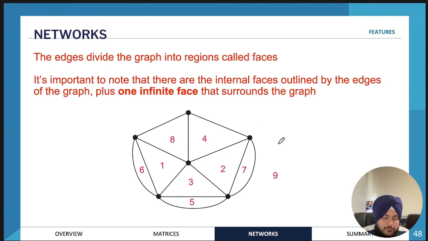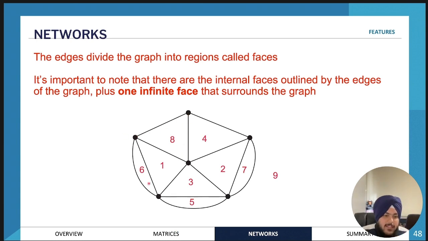Okay. So now we'll have a look at the faces of a network. So the faces are just the regions between connected vertices and edges. So for example, this entire thing over here, this triangle, would be considered a face.